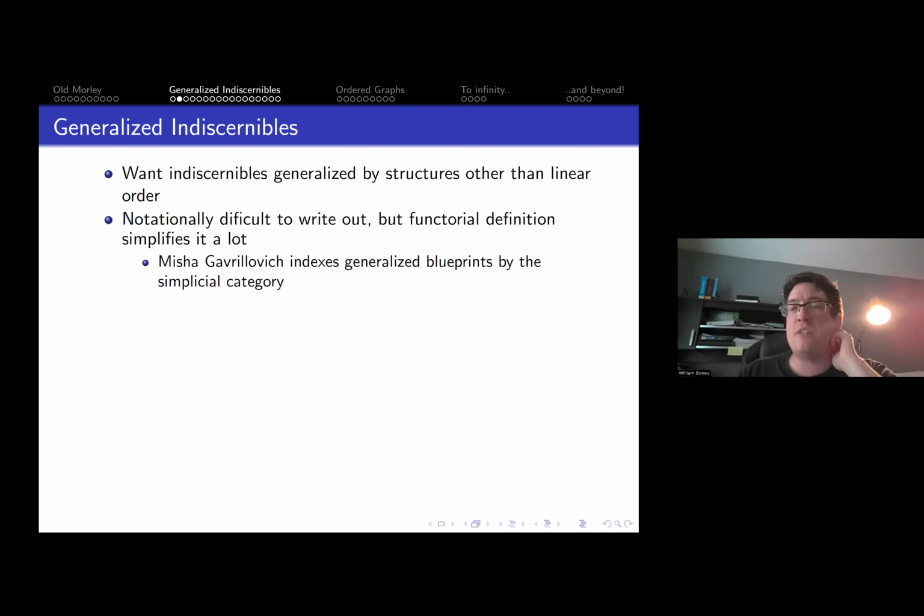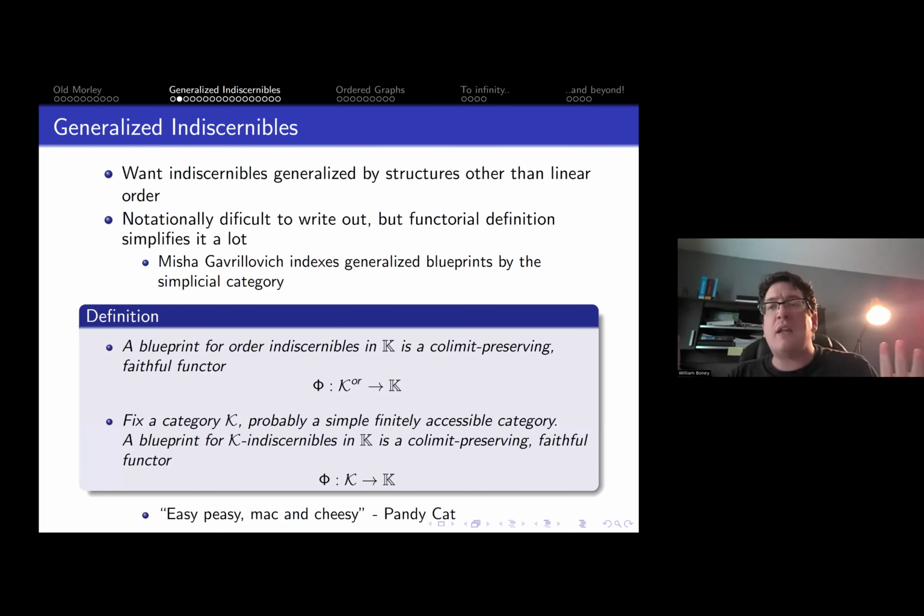Misha Gavrilovich has a nice way of indexing it that uses the simplicial category. But the way we've set it up, it's much easier. A blueprint for order indiscernibles in K is just a colimit preserving faithful functor from the class of linear orders into bold K.